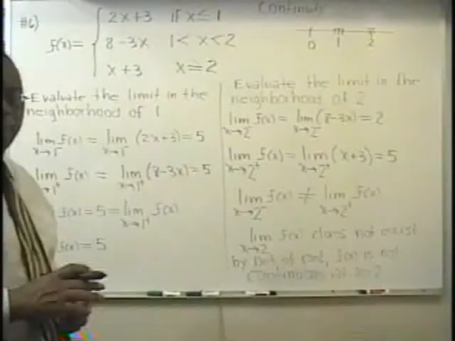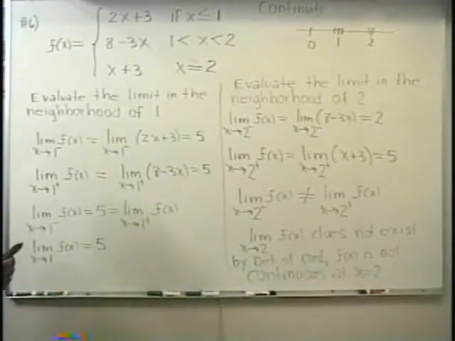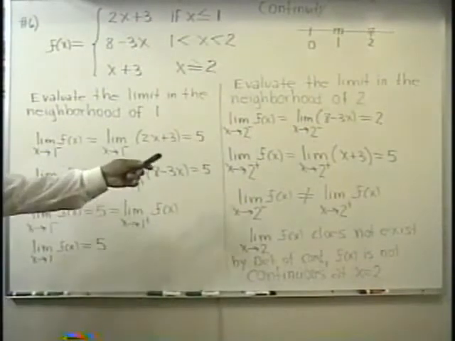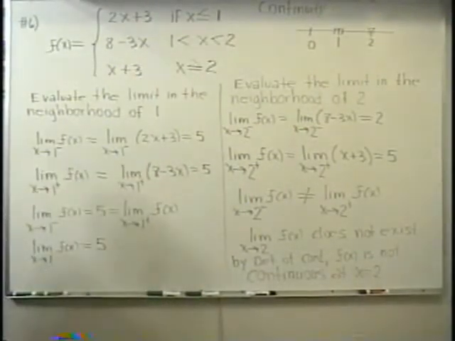So there is a point of discontinuity at that value of x equals 2. So we just saw from the left and right hand limits that this function, by the definition of continuity, is discontinuous at that value.